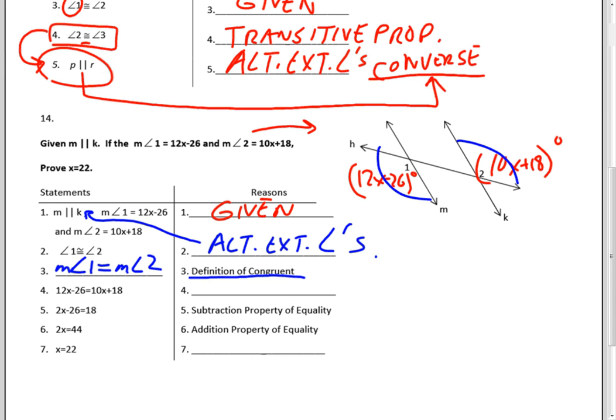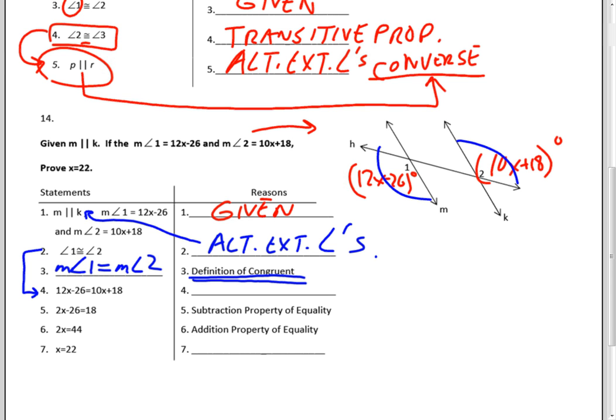And we could have the reverse of that. We could have something that has an equal sign and end up with a congruent sign. How did I know that that was occurring? Well, if you don't know it by looking at the reason, look at what happens when you get down to number 4. All of a sudden you've got an equal sign there where before you had a congruent sign.